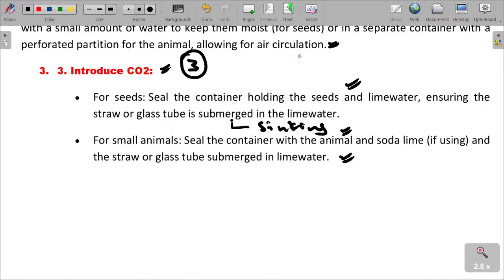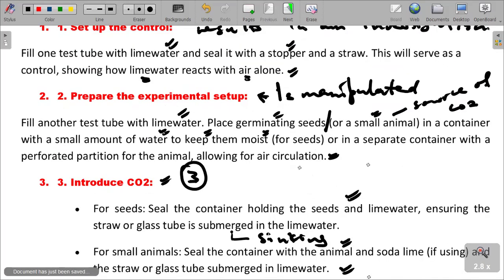Remember, we said soda lime is used to absorb the carbon dioxide, and the straw also, so they are submerged in lime water. That is step number 3. We are talking about an experiment to determine if carbon dioxide is produced during cellular respiration.